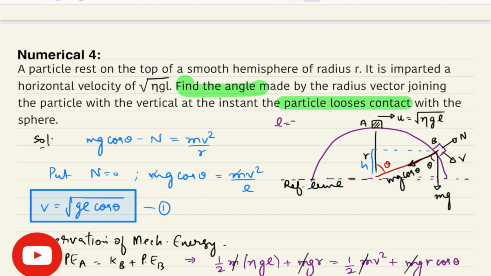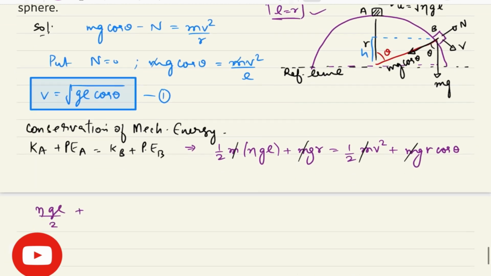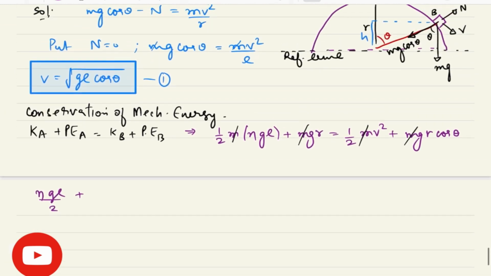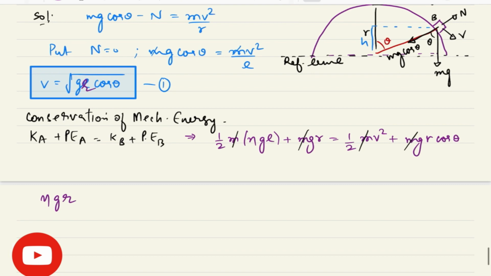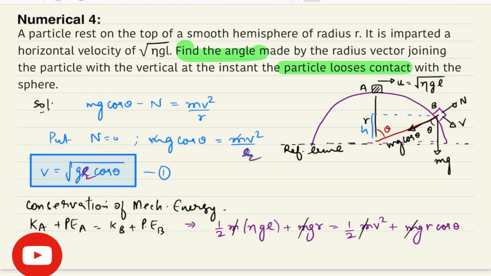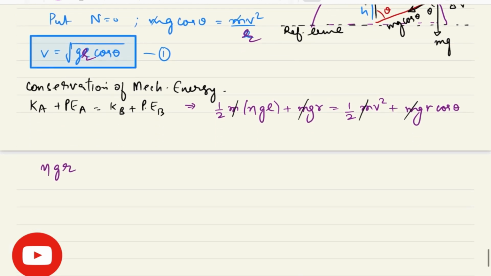So keep in mind L equals R. I am substituting L equals R, so it will become eta g R by 2 plus g R equals v square by 2 plus g R cos theta.